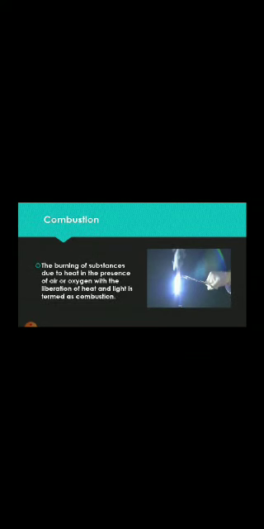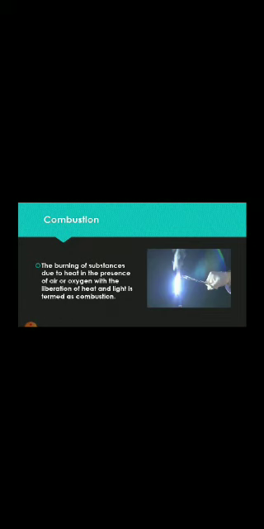Now what is combustion? Students, the burning of a substance due to heat in the presence of air and oxygen with the liberation of heat and light is termed combustion. As I gave the example of burning of paper, that is also a type of combustion. Here the picture of burning of magnesium ribbon is given. Due to heat energy and light energy, that magnesium ribbon starts to burn in presence of air or oxygen.